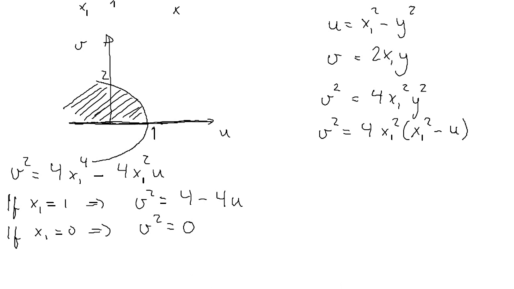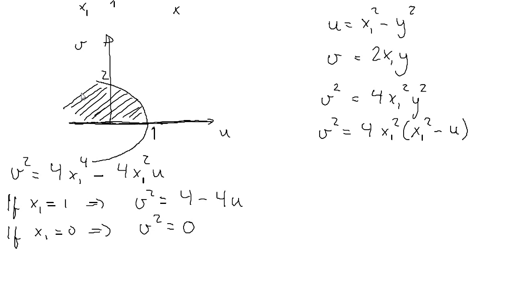And these are parabolic functions. You see that this line describes this parabola for x1 equal to 1, and this describes the degenerate case for x1 equal to 0. It's just the point where v equal to 0, and u can be arbitrary.